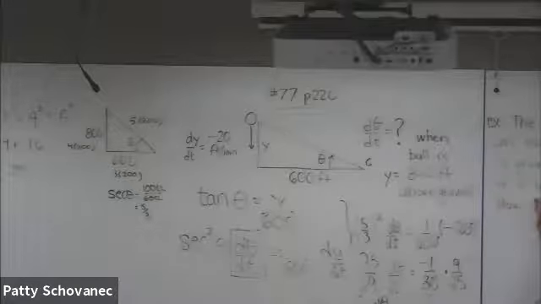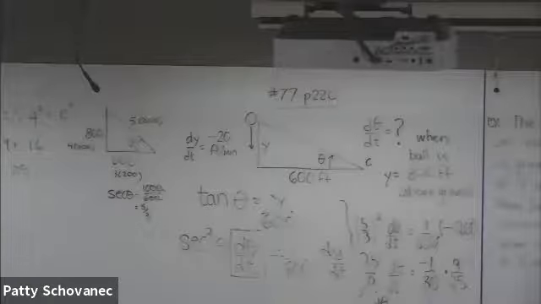How fast is the area increasing at the instant when the base, that's a length, has a length of 10 units?